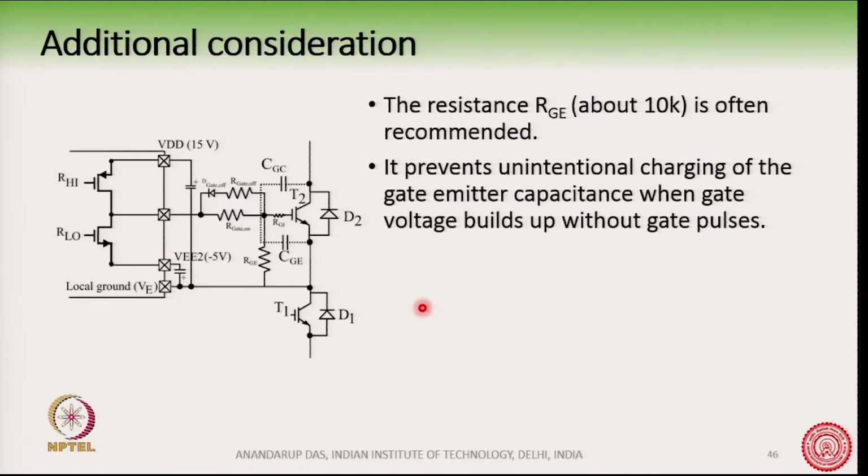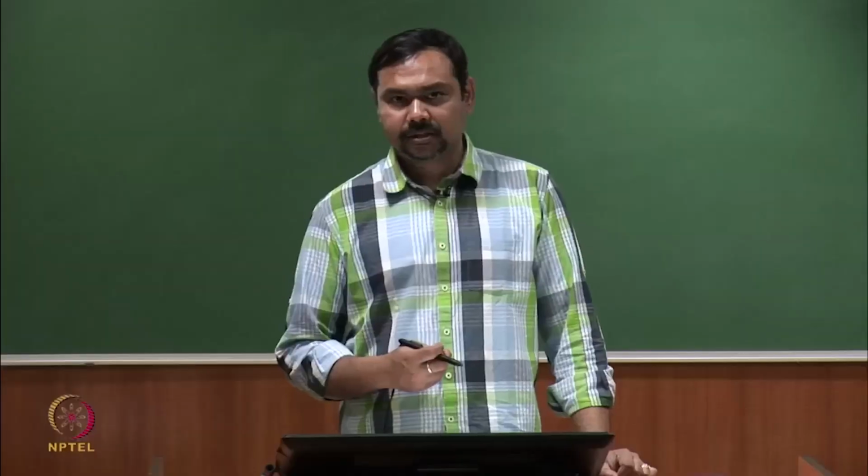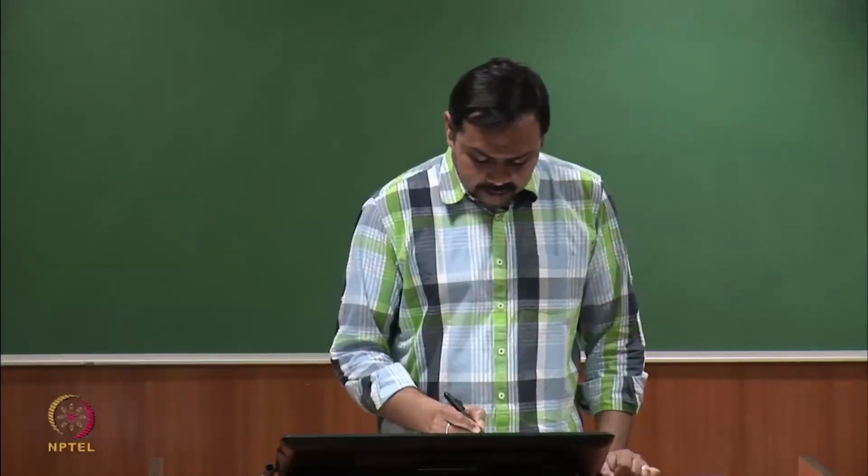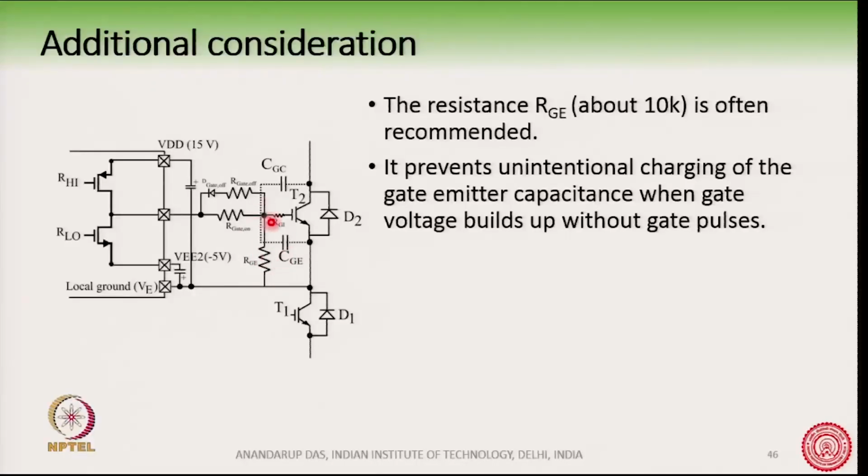The gate emitter voltage will build up even without the gate pulses. So it is always a good idea, in particular for high power applications, that this gate terminal is connected through a resistance RGE, typically about 10 K, so that this point is not floating.